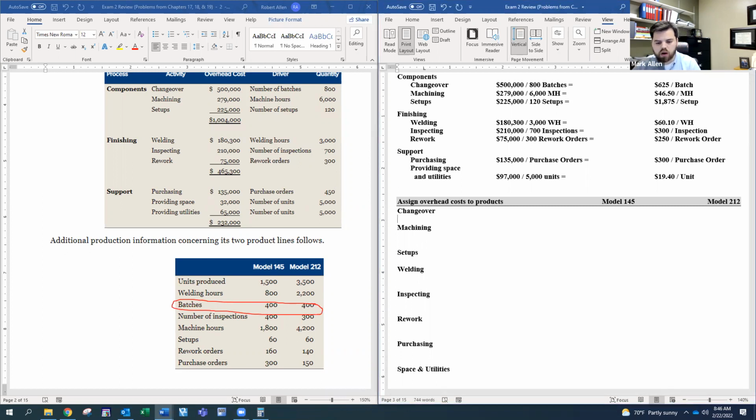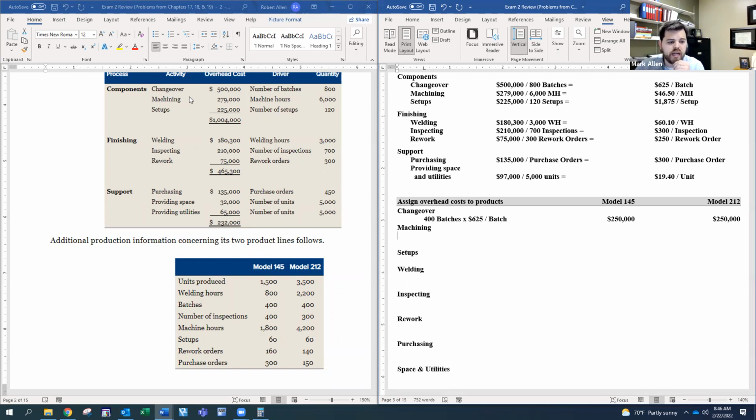Because of that, I can do all of this on one line. So I'm just going to say here, 400 batches times $625 per batch. Now, this comes out to a total of $250,000 for each model. Notice in each case as we go down, the two models do not always use the same amount of everything. So in some cases, we need two lines, but here we just needed one.